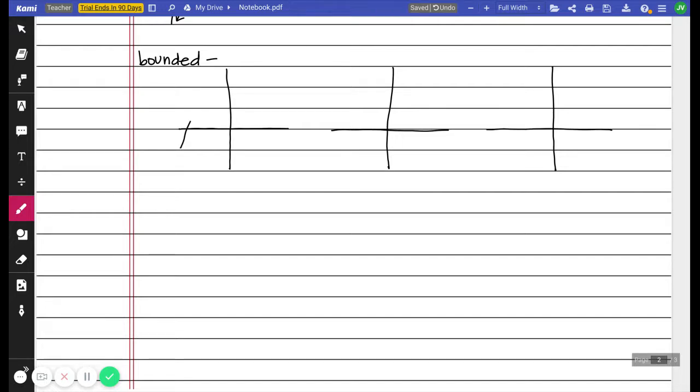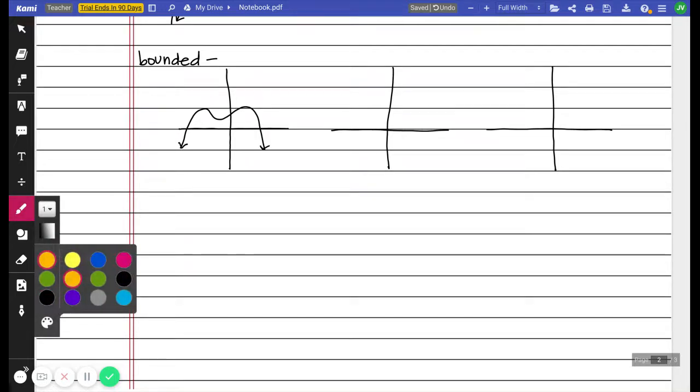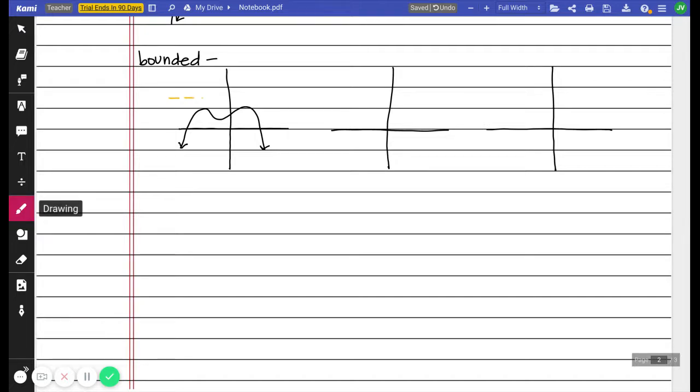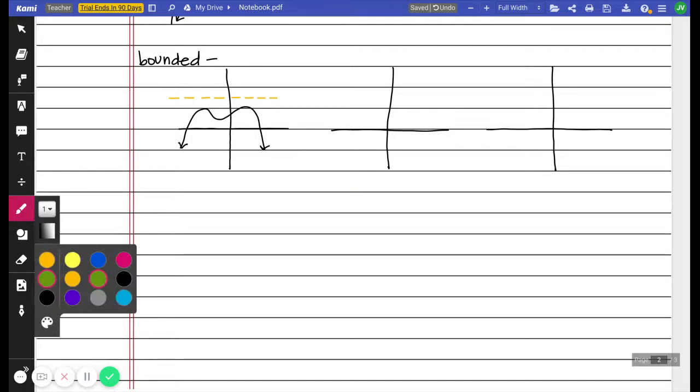First graph I'm going to make kind of like the graph we just did, almost like the letter M. And I am going to attempt to put a horizontal line fully above the graph. Because it is above the graph, this graph is what's called bounded above. I can draw a line above the graph.